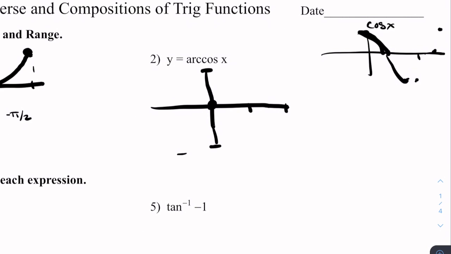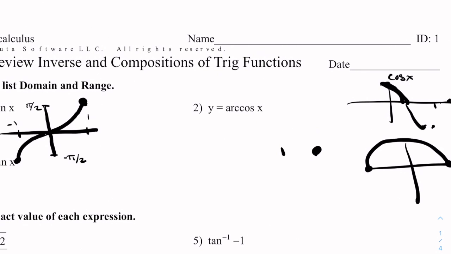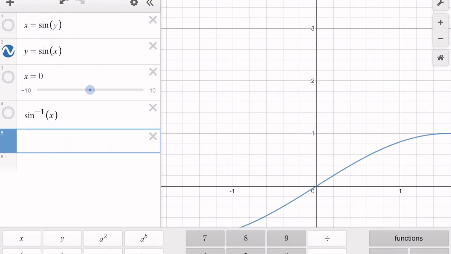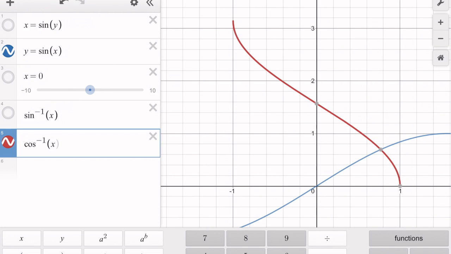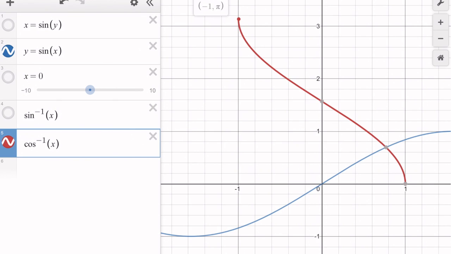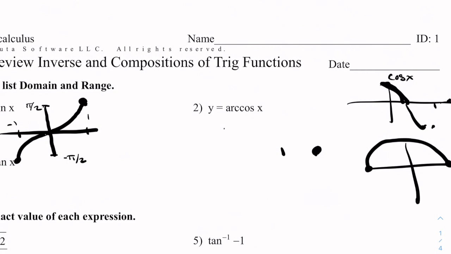So with arc cosine on the unit circle, we are just simply looking at the top portion of the unit circle. If we look at the inverse cosine graph, we see that it looks like this. So at -1, our output is going to be pi, and at +1, our output is going to be 0.